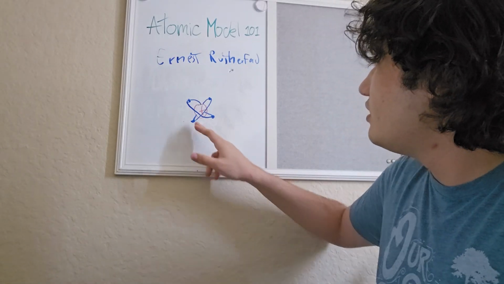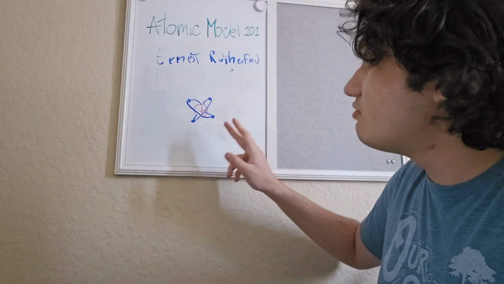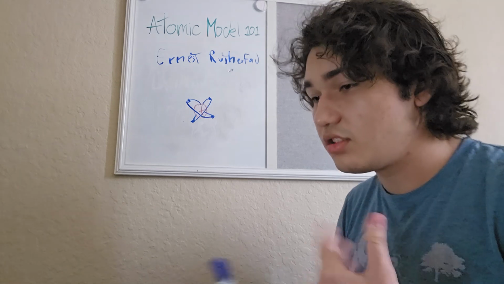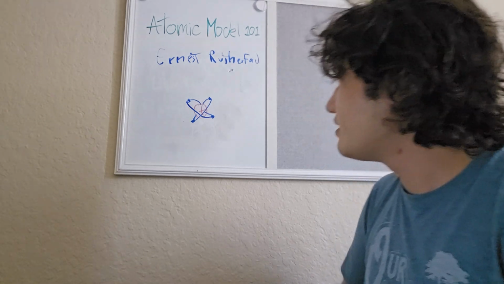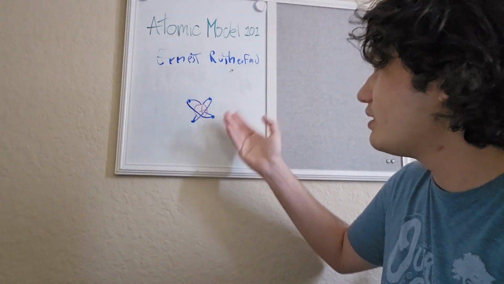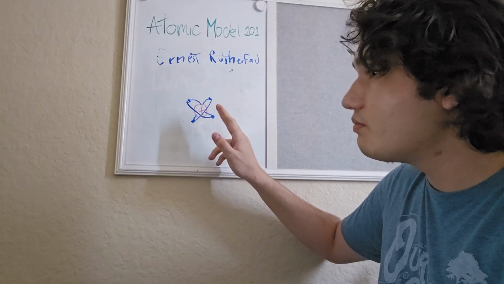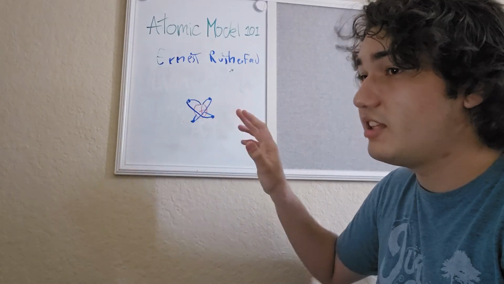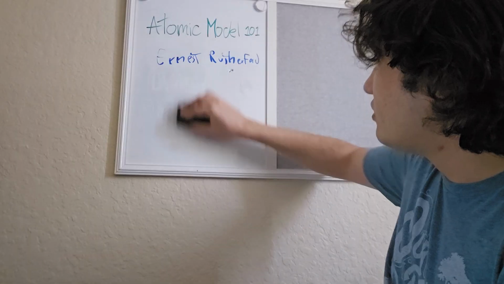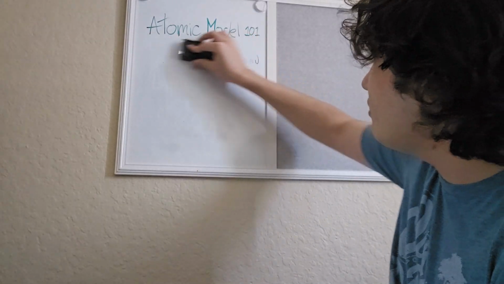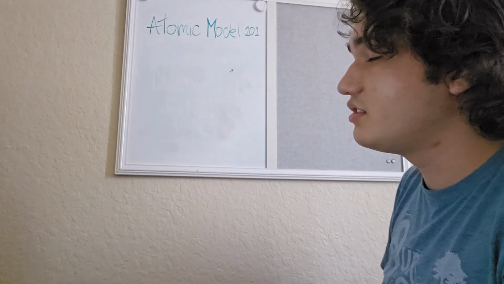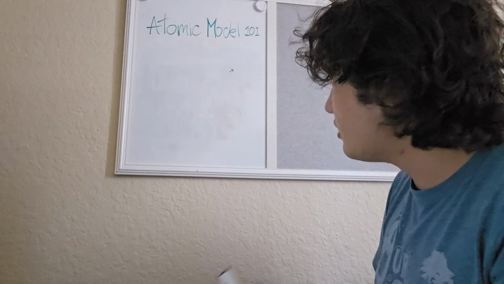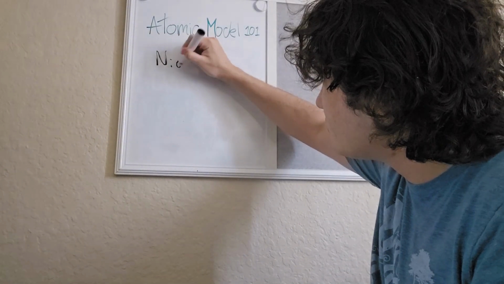But this is truly the biggest step towards the most modern model, because now we can see that the electrons are orbiting around the positively charged part instead of being a part of it. And of course, the next part is probably the most common one, at least in school, and that is the Niels Bohr model, or Bohr model.